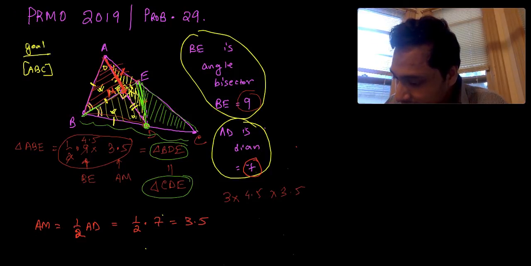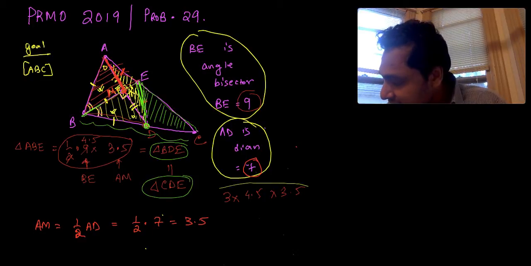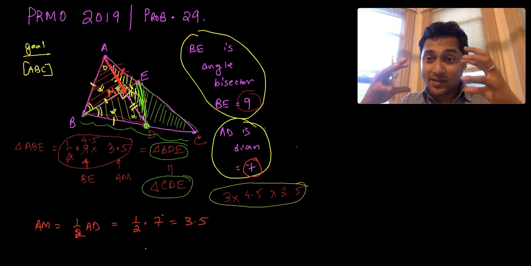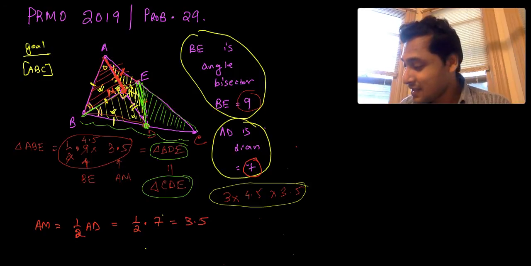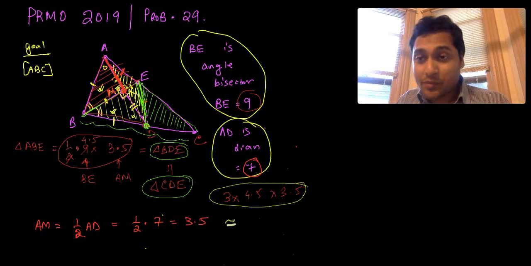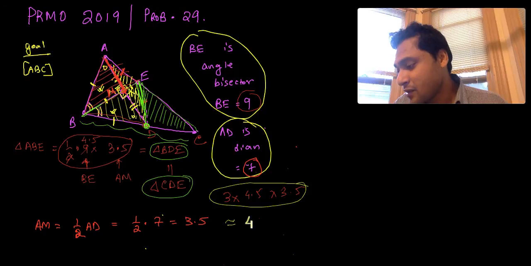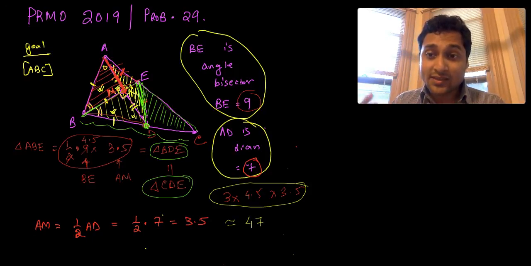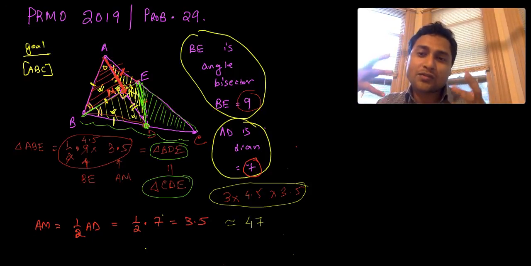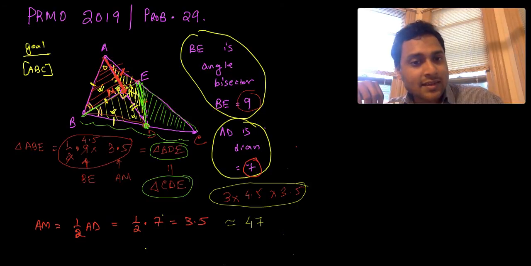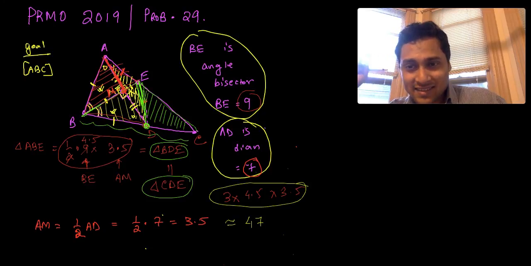This is the area of the entire triangle because these three pieces are of equal area. If you compute it by hand, it is approximately 47, and the question was to find the nearest integer, so the nearest integer is 47. That's the final answer.